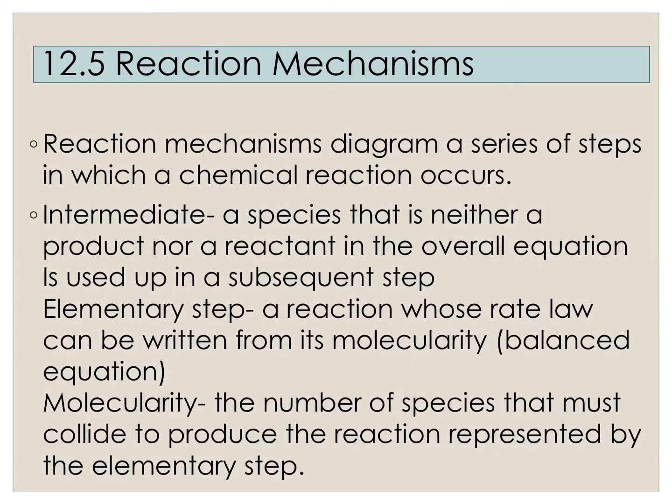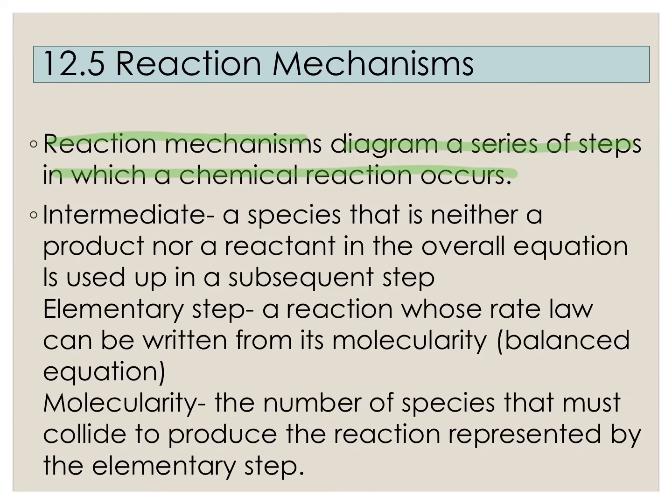Reaction mechanisms diagram a series of steps in which a chemical reaction occurs. So if my chemical reaction is A plus B plus C makes ABC, the likelihood of that happening in real time is really, really small.